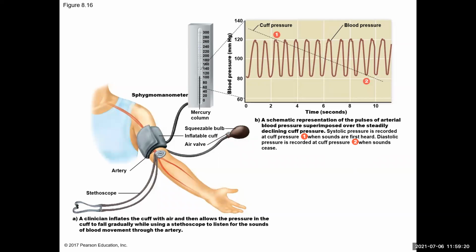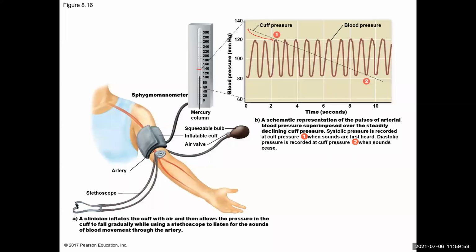And that ticking sound occurs when the movement of the blood is occurring through the vessel under pressure, okay? And so during a normal blood pressure, you would start hearing that ticking sound when you release the pressure on the cuff. And let's say you start at 140, right? And as that cuff pressure starts to move down and get around 120, you'll start hearing the ticking sound.